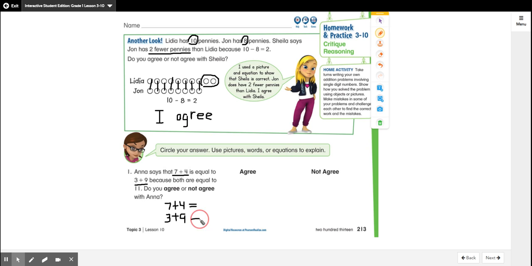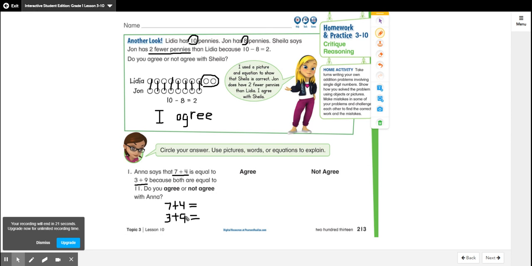Maybe you'll use circles. Maybe you can even do it in your head. But you need to find the total, the sum of each of these equations. 7 plus 4 equals, and 3 plus 9. Once you figure that out, you can say, if you agree with Anna, that means both of these are equal to 11.